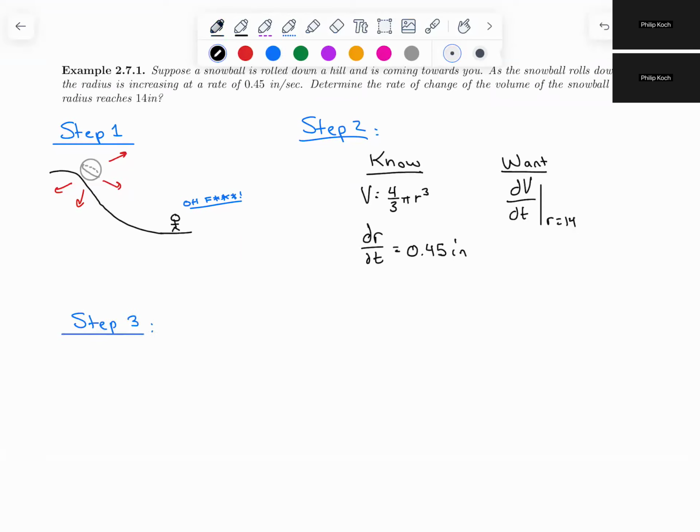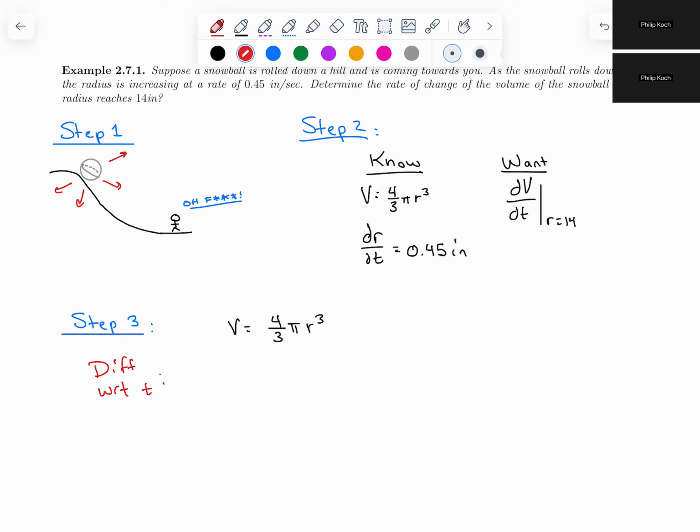I'll take that V equals 4/3 pi r cubed. And then I'm going to differentiate with respect to t. When you're writing this on an exam or a quiz, you don't have to write this down. It's just for our notes.